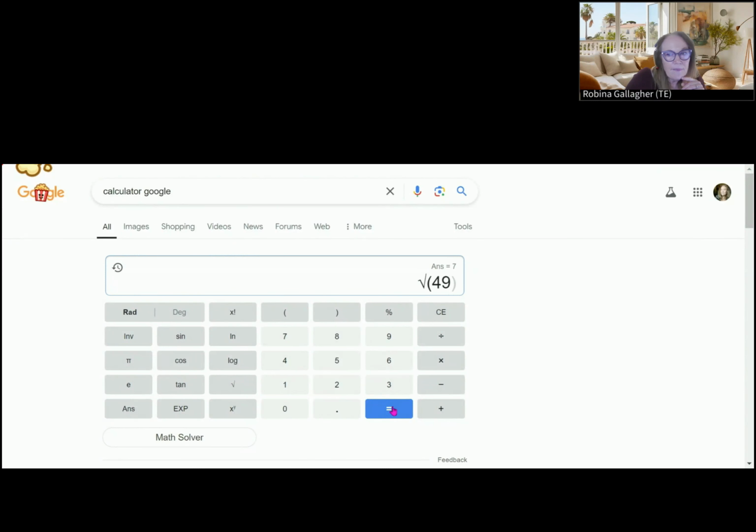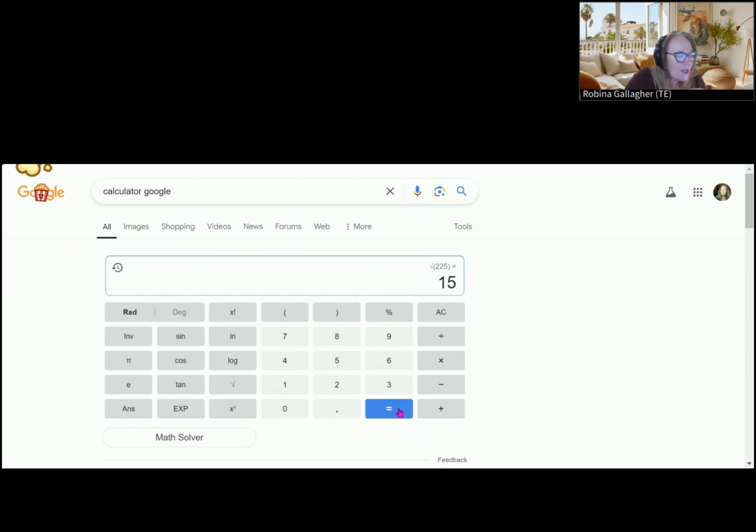So don't forget to put the square root symbol before the number, and then you hit equal. So that's how you use the square root button on a Google calculator.